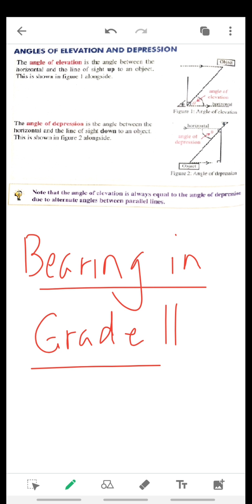Okay, similarly, if initially your eyes you're not looking at anything, and then maybe there is a rat or a mouse which is moving past you on the ground, so you're going to move your eyes from the horizontal level, and you're going to look down to the object.